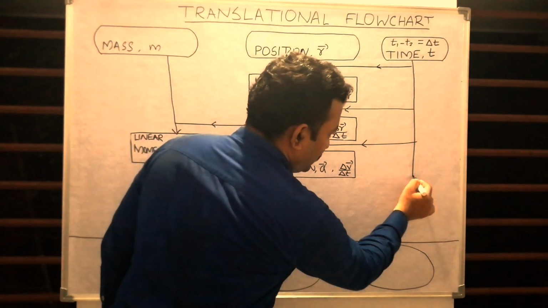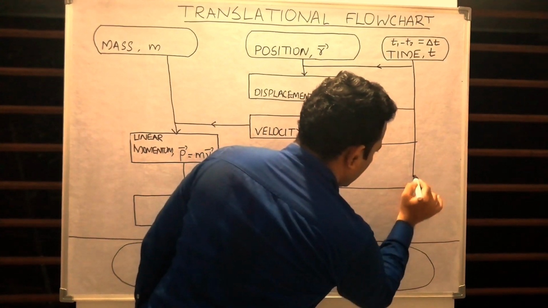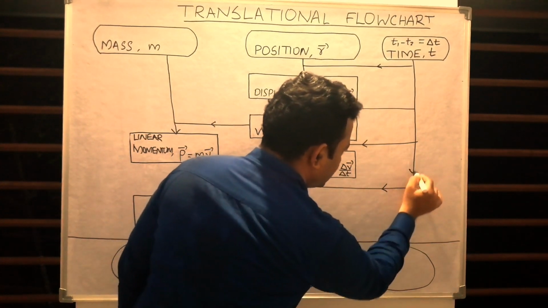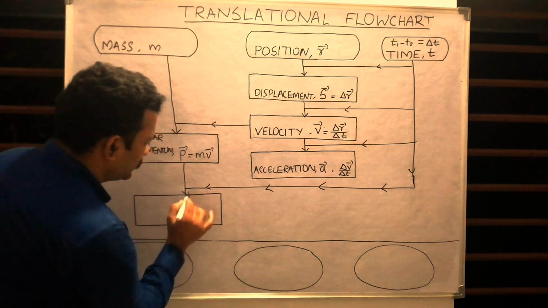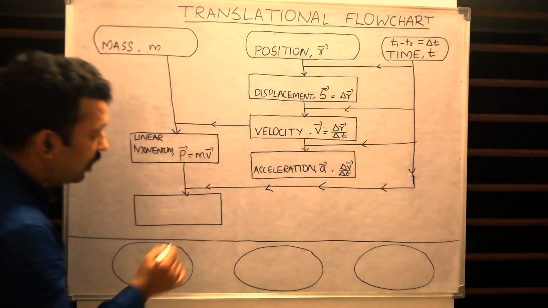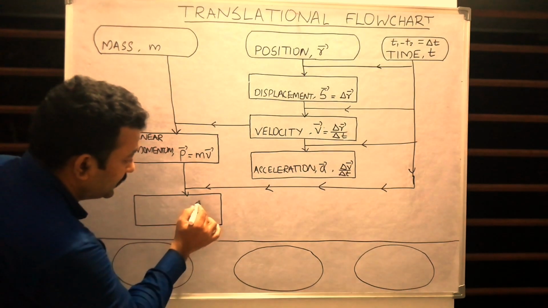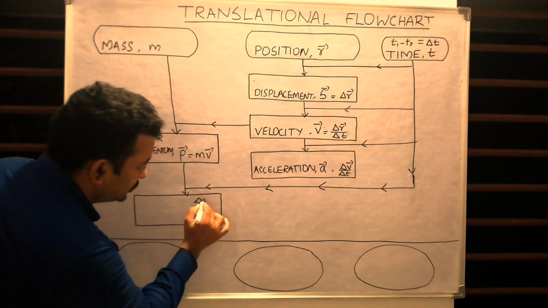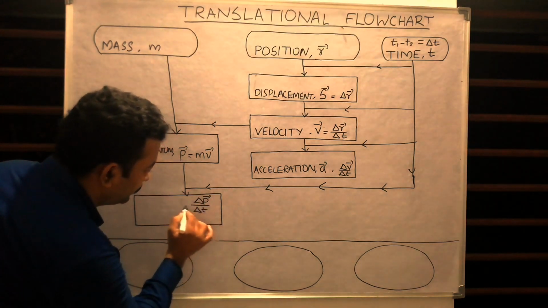What I am taking now is the change of momentum with time, or I can write that as delta p divided by delta t, the change of momentum with respect to time.